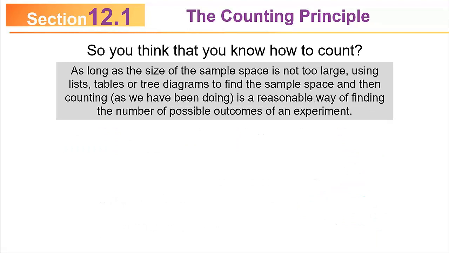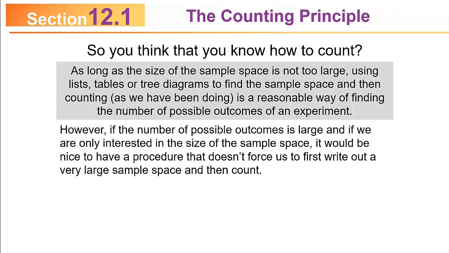As long as the size of the sample space isn't too large, using these lists, tables, and tree diagrams to find the sample space and then counting, which is what we've been doing, is in fact a reasonable way of finding out how many possible outcomes there are.